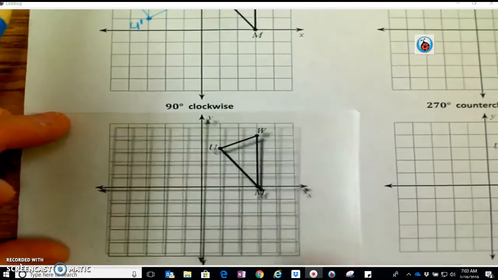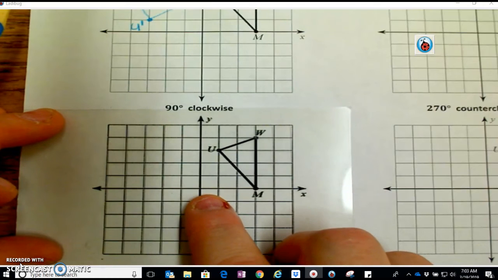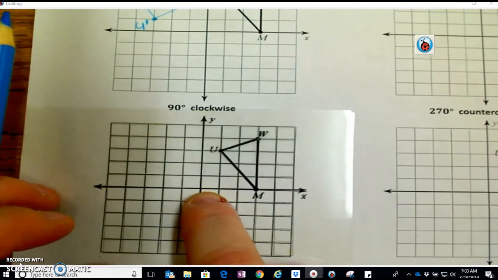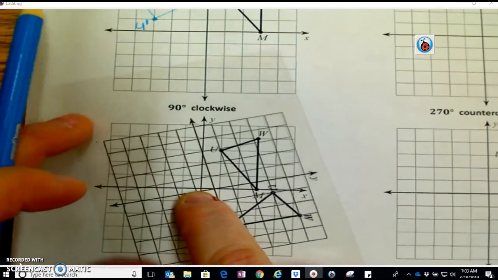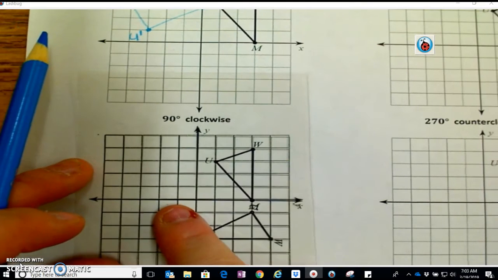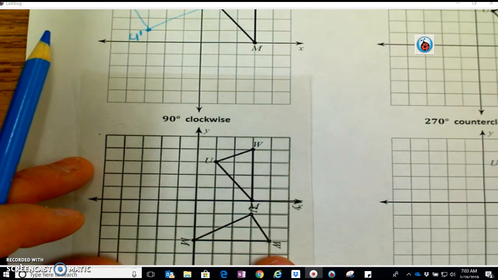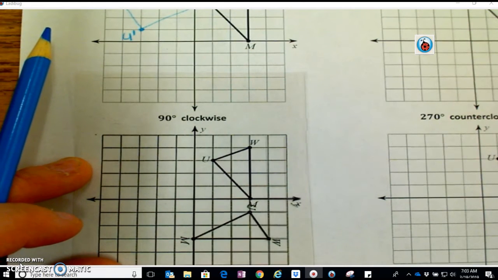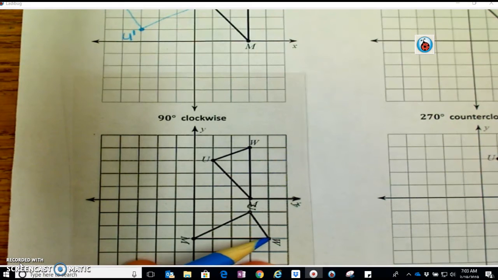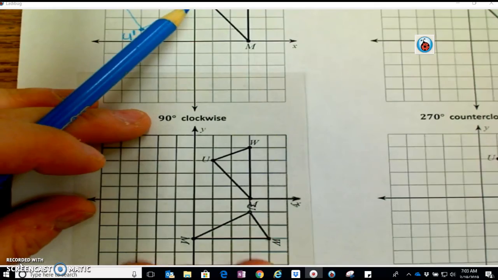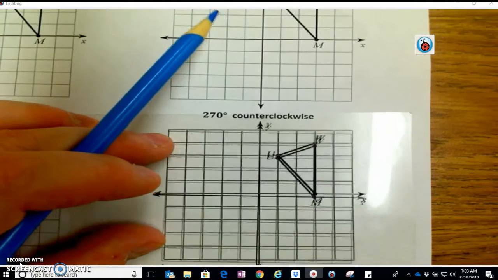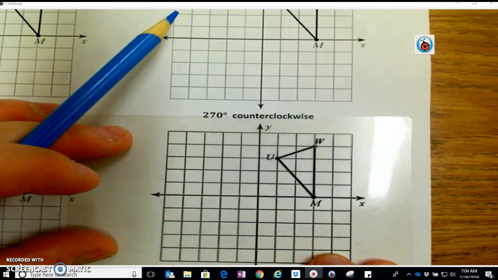All right, 90 degrees clockwise. Clockwise, remember, is going to the right. So 90 degrees is one turn. You can see that one 90-degree rotation is going to put it in a new quadrant. Go ahead and record the new coordinates, U, W, M. Then we go to 270 counterclockwise, so we're going to go to the left.